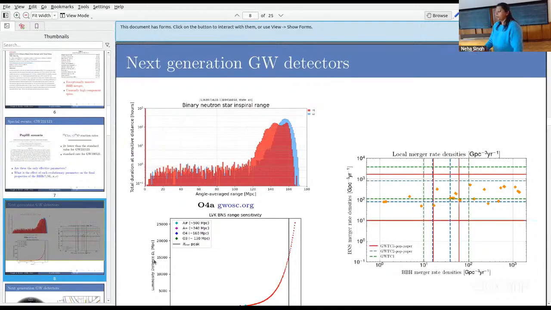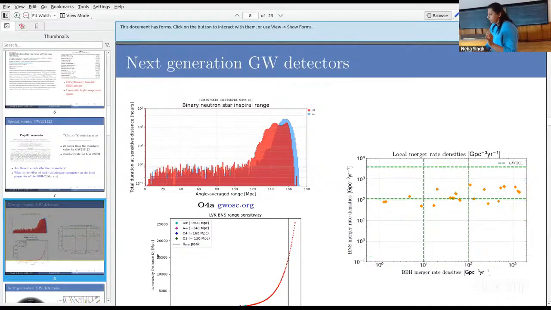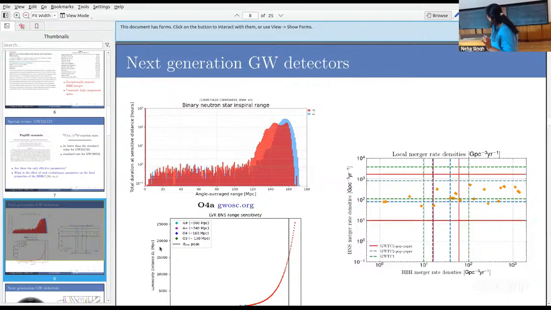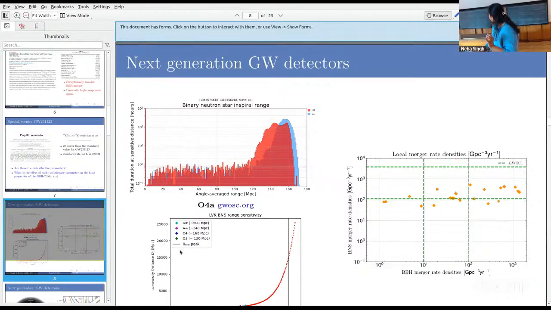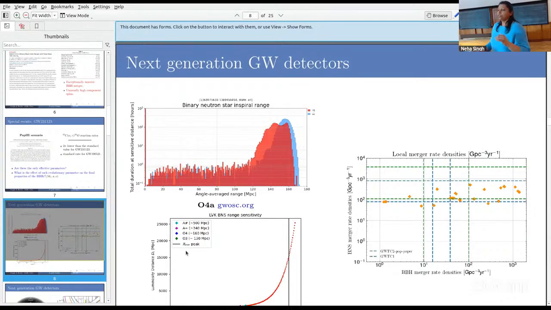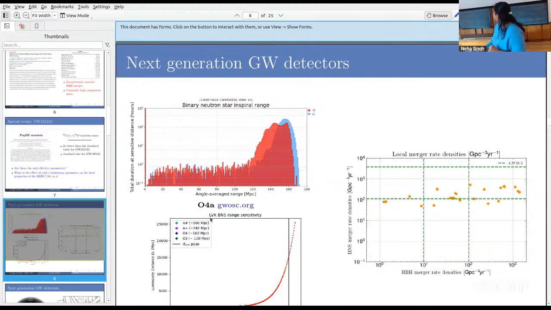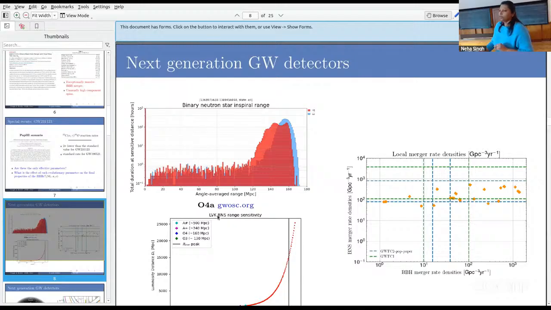On the lower plot, the green dot that you see here is the O3 sensitivity. This is O4A. These are the ones that are supposed to happen later on. So these are the points which represent the LVK's BNS reach. The BBH reach is a bit higher. In O4A, it was somewhere here, a redshift of 1.5 or so.